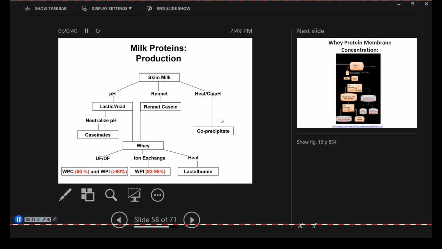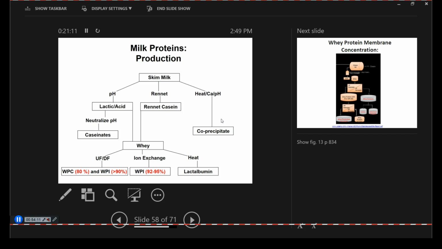If you take that whey protein and do membrane filtration, ultrafiltration and diafiltration, and I'll show you a slide about it in a minute, you can get whey protein concentrate. If you add a step of microfiltration later, you can concentrate even more and get WPI, which has over 90% protein.